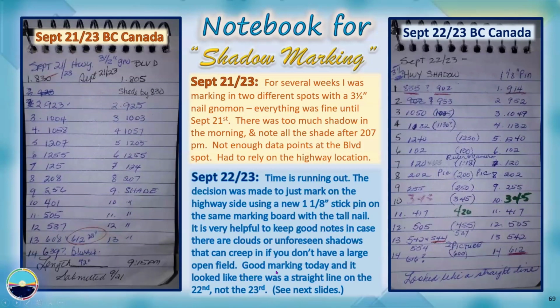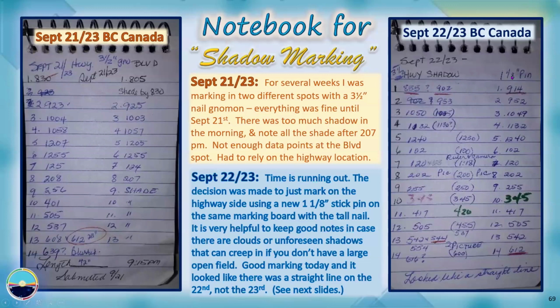So I kept notes about this. What I did is when I came over to do 2 markings on the same board, I kept my 3.5 inch nail, and I also used a 1 1/8 inch pin on the same board. And of course, you can see I marked one first. One of these 855, I couldn't really tell, it was ghosting out, so I did a 902.